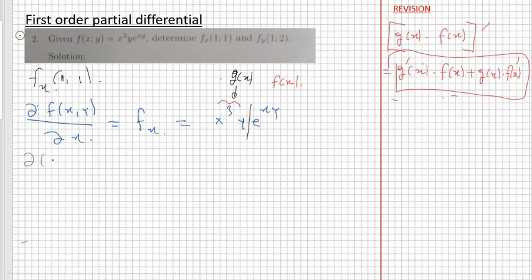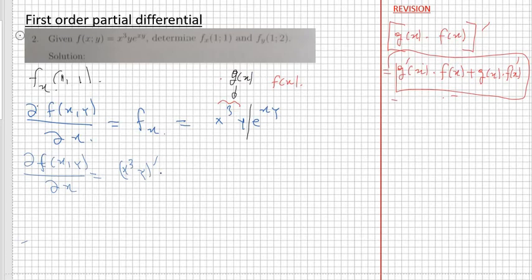So therefore the derivative of this multivariable function with respect to x is gonna give me, so all this represents the function g of x. So all I need to do here is I'm gonna have to apply the derivative to g of x, and then I multiply it by f of x.